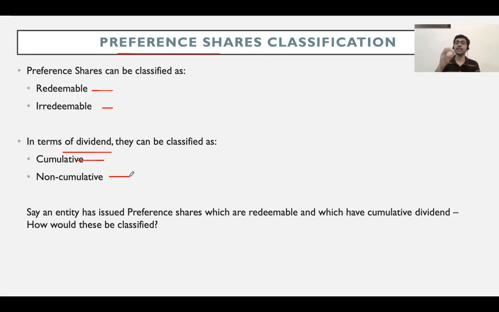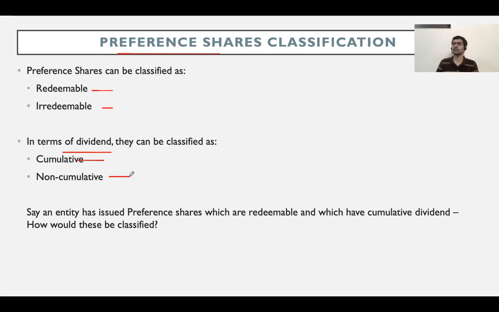If the entity has got enough profits in the current year, it is mandated to pay dividend to the preference shares. If the entity does not have profit in the current year, then it is required to pay the current year's dividend in the next year. So the entity cannot escape the payment of dividend, but the current year's dividend just gets deferred in absence of profits in the current year. That is called cumulative.